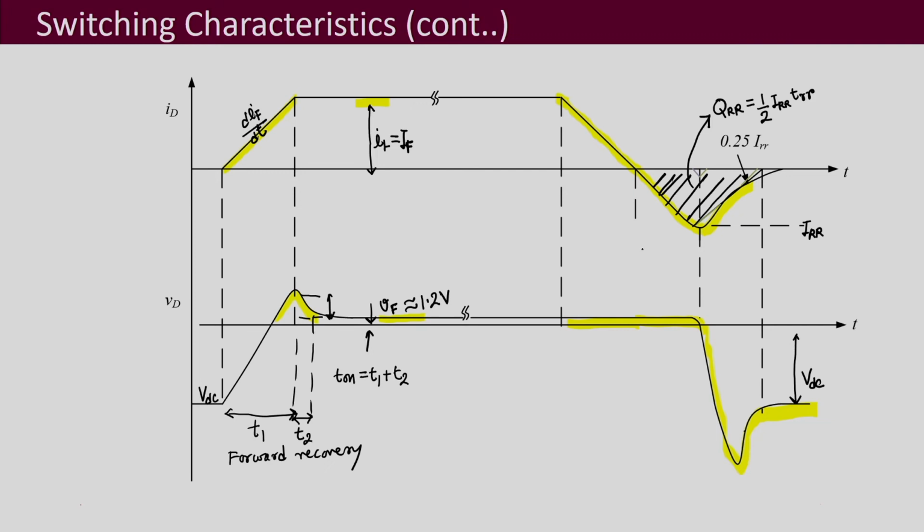And what is the reverse recovery time? The reverse recovery time is equal to this time TRR, where this current is becoming negative. And this can be divided actually in two parts: when your reverse recovery current is increasing, and when your reverse recovery current is decreasing.